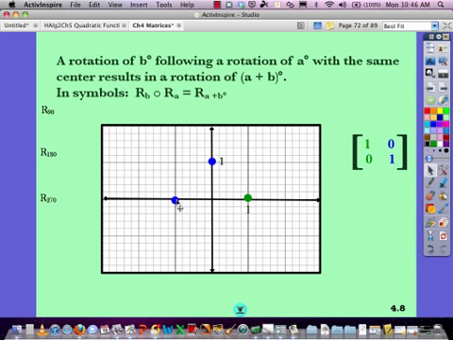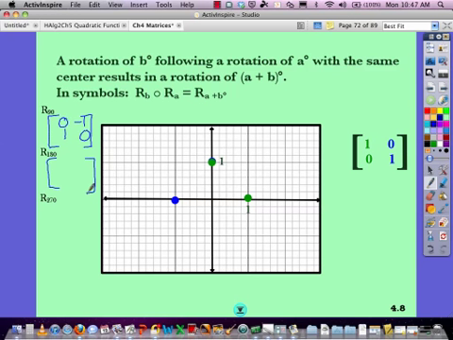So we had the situation where this point went here, and then our blue point went there. We went 90 degrees. So let's write our new matrix for both of those for 90 degree rotation. Okay, our point 1, 0 went to 0, 1, and our point 0, 1 went to negative 1, 0. Okay, let's continue from there.